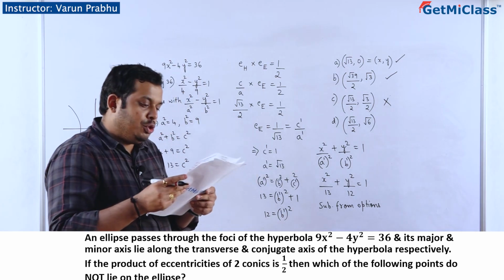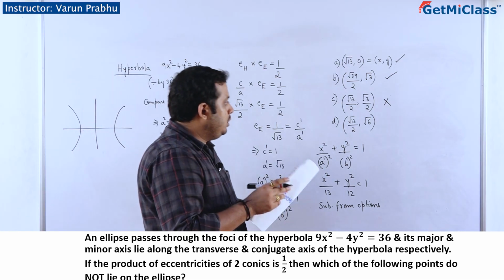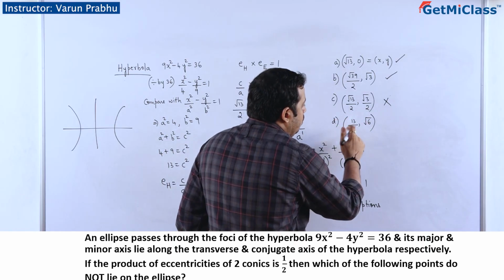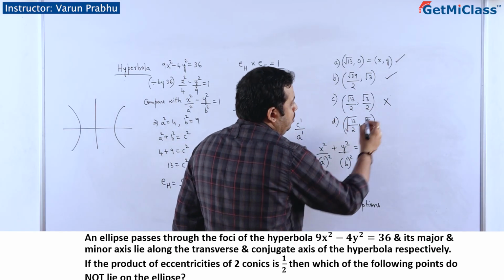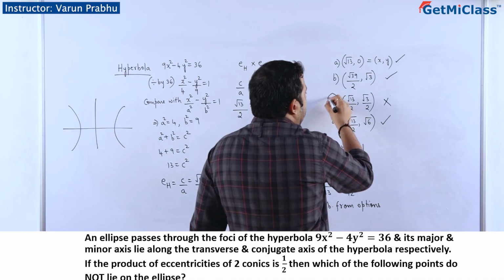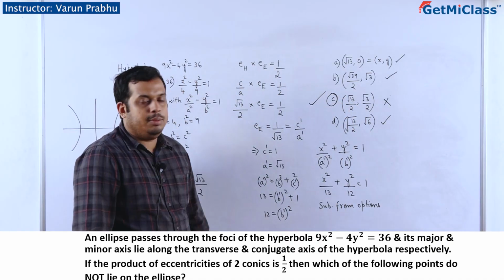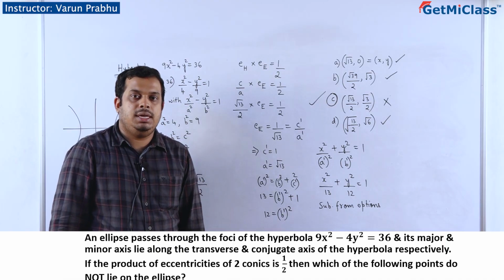Which of the following points do not lie on the ellipse? So this is root 13 divided by root 2. It is whole root 13 divided by 2, it is in the option. So this point also will lie. So what is the answer that you mark? The question is which of the following points do not lie on the ellipse. So option is C. This is the answer to the question.